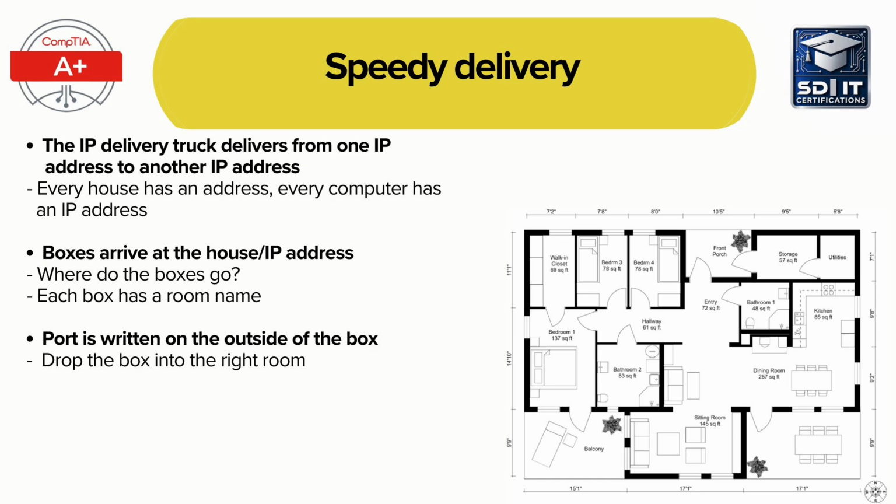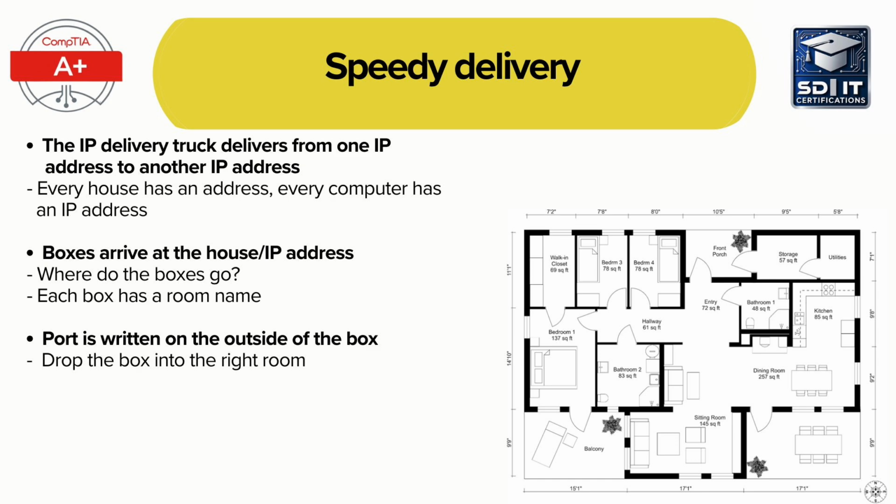Just as your house has many different rooms, you have servers that are running many different services. Your web server might also be a DNS, or domain name server. It could also be a file server, and it could provide voice over IP functions. When information is received by that server, it now needs to decide what room is going to receive this box so that we can properly process that data.